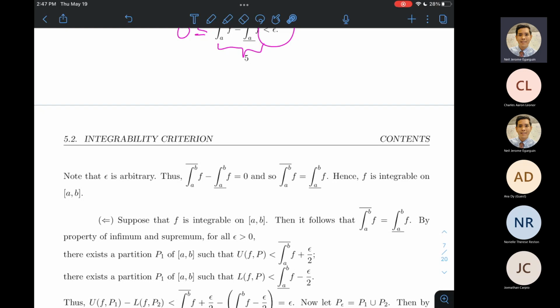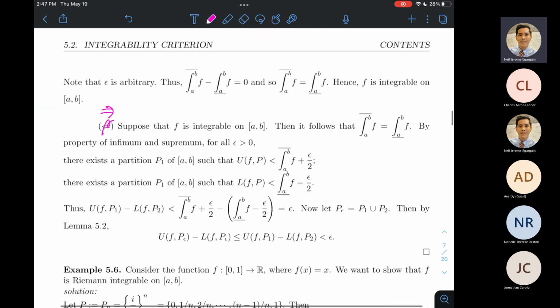Okay? Now, let's go to the more exciting part, the forward direction. What is the forward direction? We assume f is integrable. So, we want to show that if f is integrable, we should be able to find a partition such that the upper Riemann sum minus the lower Riemann sum is smaller than any epsilon.